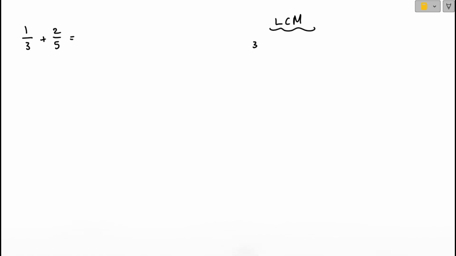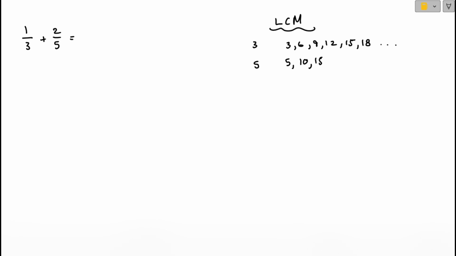Right? So for example, if I take 3 over here and I multiply 3 by 1, that will give me 3. If I multiply 3 by 2, that will give me 6, 9, 12, 15, and 18, and so on. If I take 5, 5 times 1, that will give me 5. 5 times 2, that will give me 10.